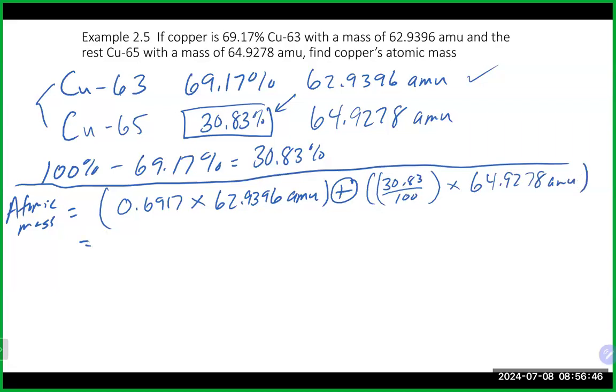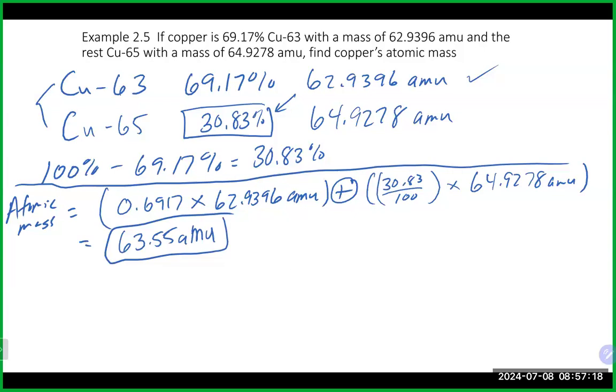And we will end up with 0.6917 times 62.9396 plus 0.3083 times 64.9278. That's going to get you 63.55 AMU. Whoops, AMU. As our atomic mass here for copper.